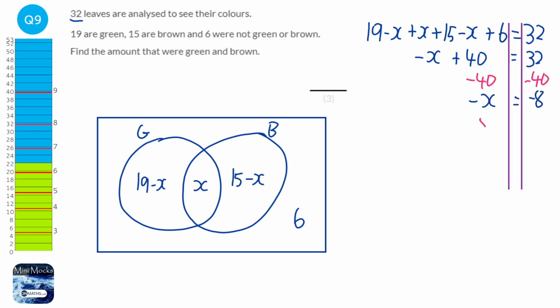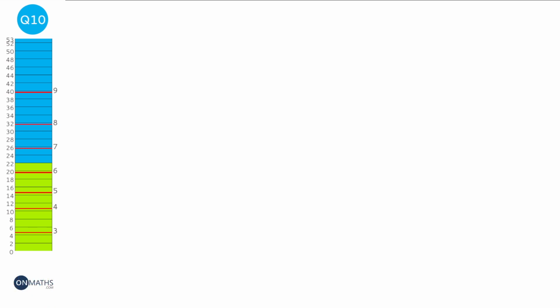And we can just times by minus 1 both sides to make them both positive. So now we know x is 8, we can start filling in the Venn diagram. So it's 19 take away 8, which will be 11. X is 8, so we know that that's 8, and 15 take away 8, which is 7. So find the amount that were green and brown. We know it's going to be 8.